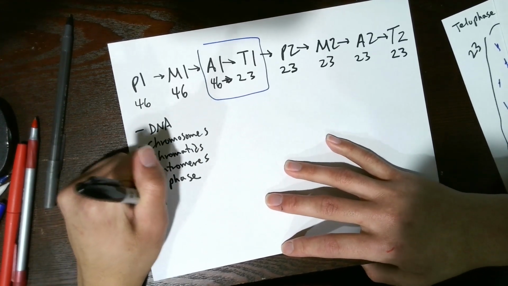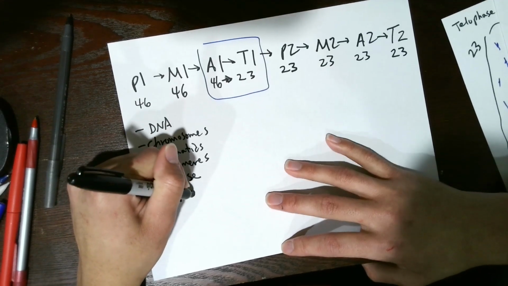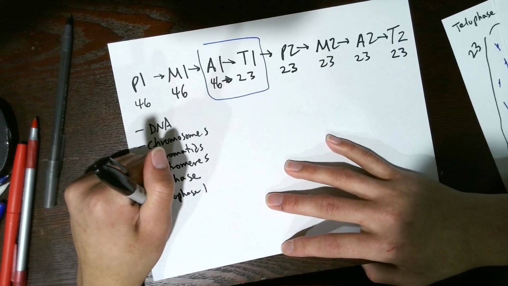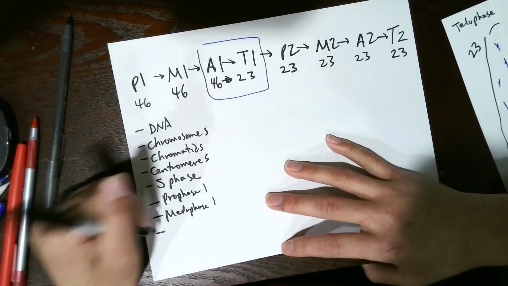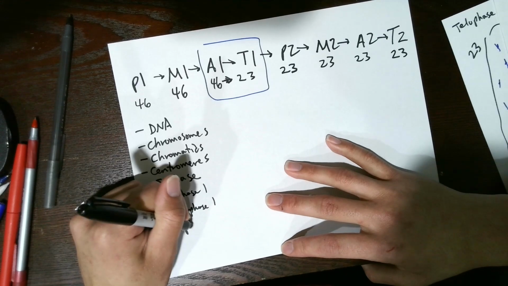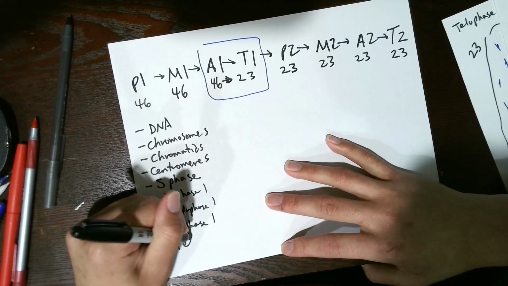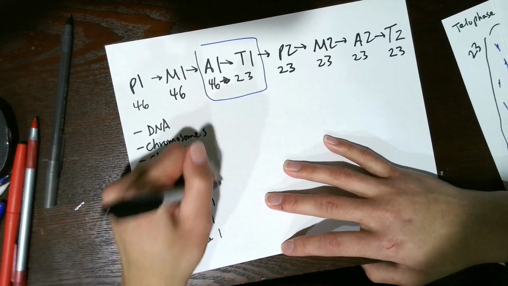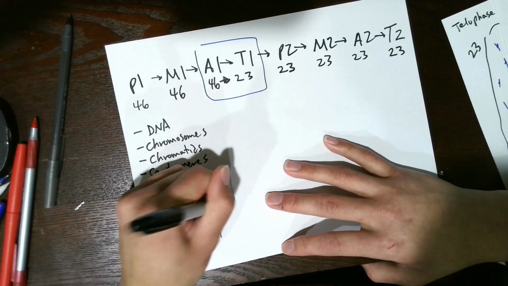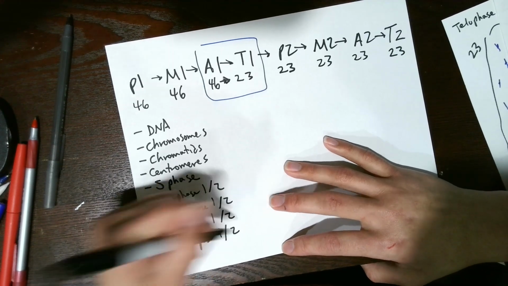We talked about prophase 1, metaphase 1, anaphase 1, telophase 1, and then we also talked about prophase 2, metaphase 2, anaphase 2, telophase 2.